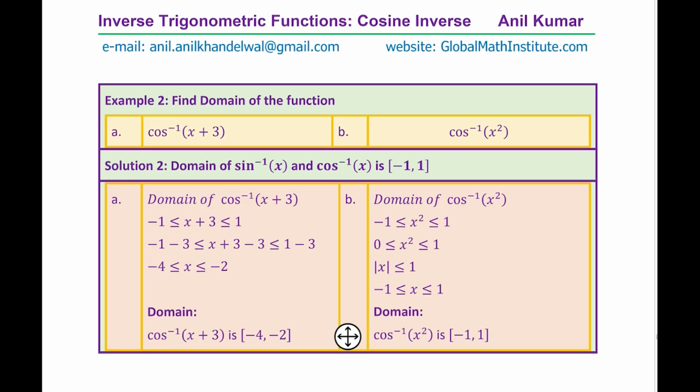Here is the solution for you. Now we know that for any cosine inverse function, to find the domain, we have to solve this inequality within plus or minus 1 to get our answer. I hope this strategy is absolutely clear.